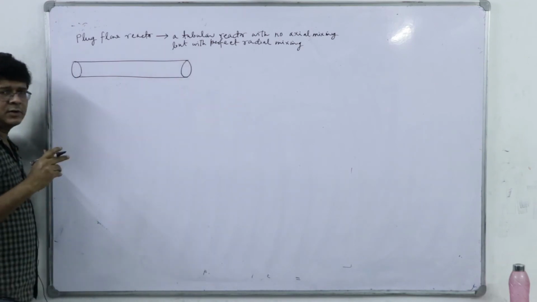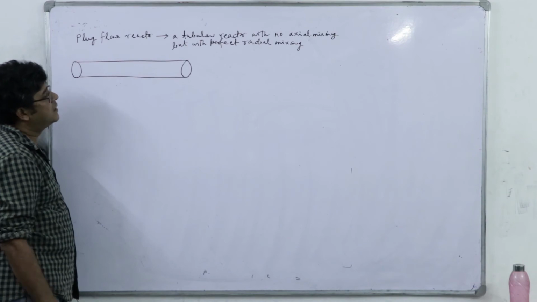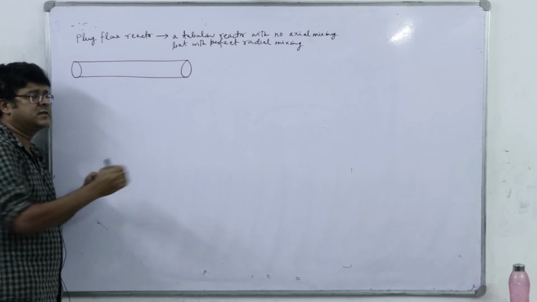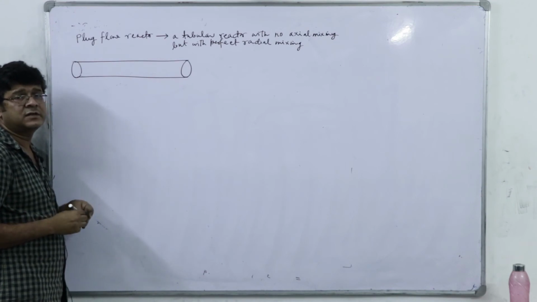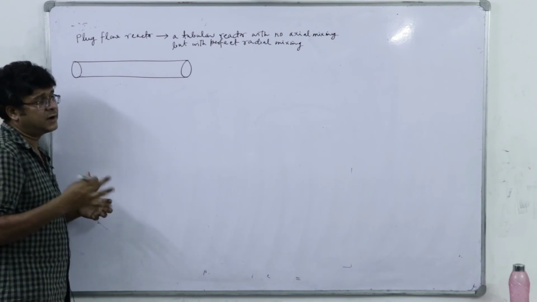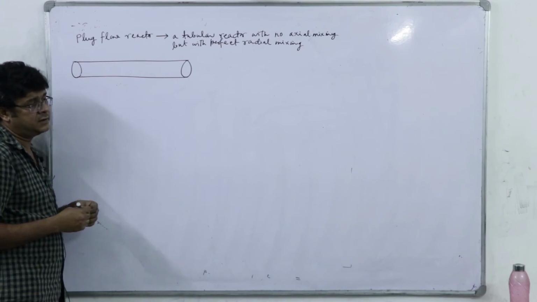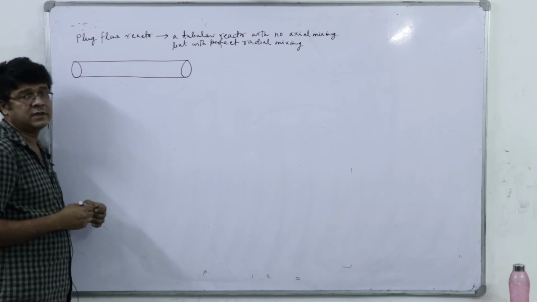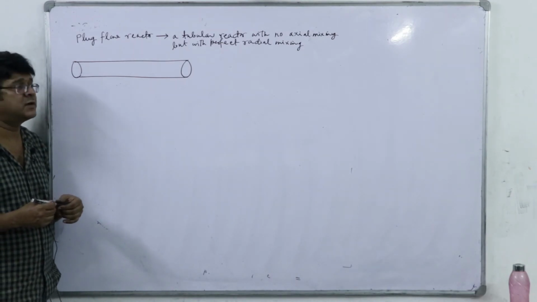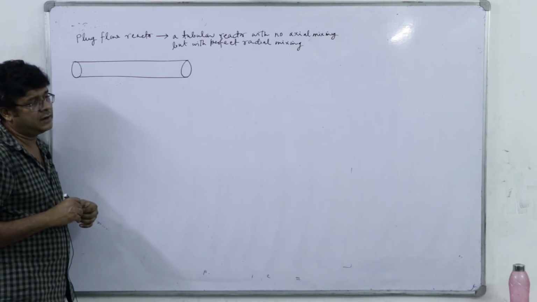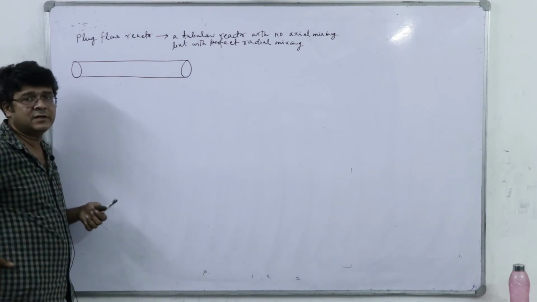Now in a normal tubular reactor, what will happen? There will be axial dispersion, and because of the axial dispersion, the fluid will actually mix to some extent, right? That dispersion effect can be handled in a separate perspective of reaction engineering called the residence time distribution and dispersion model, so we are not going into that. But here, to avoid that, basically we idealize the reactor.